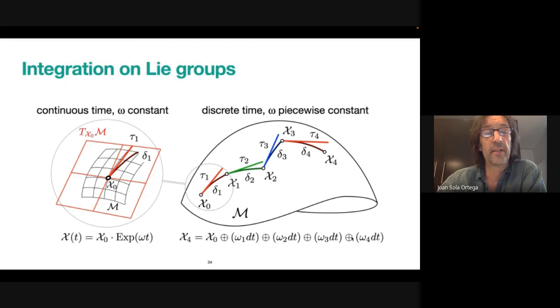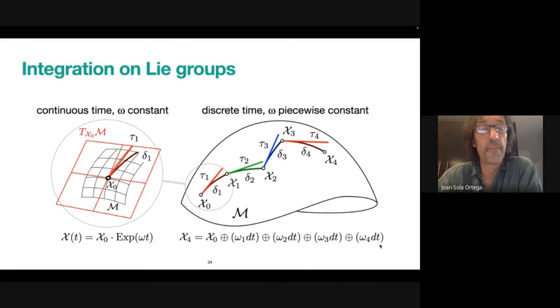And each time you do plus, you do this exponential, this exponential, this exponential. Omega can be a measurement of velocity of your vehicle, and x is the pose of your vehicle. So you can produce a trajectory of poses by just integrating tangent vectors.